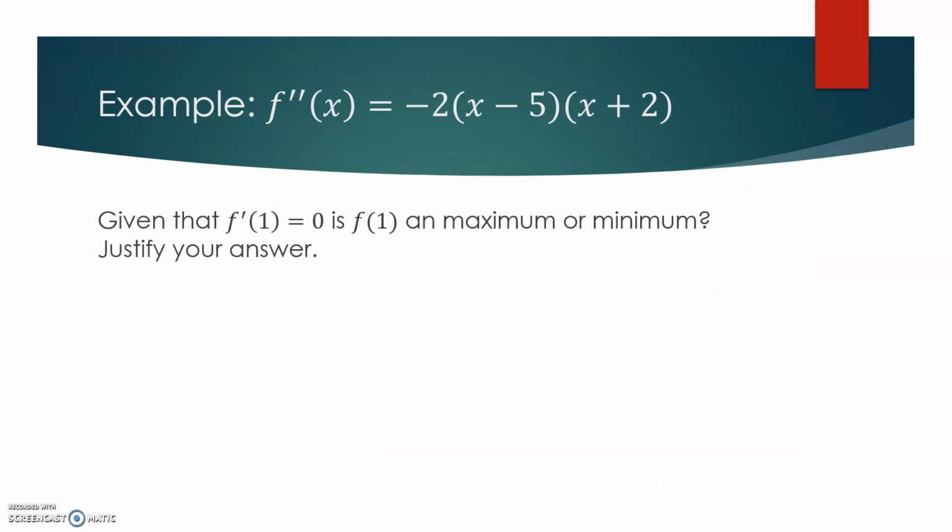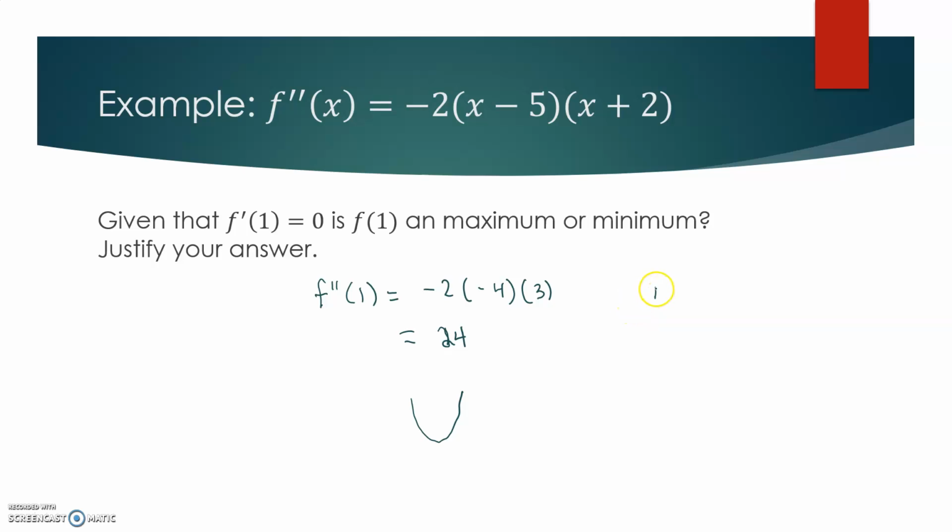For this last example, we're given the second derivative. We're not given f. We're not given f prime, but we are told that the first derivative is equal to 0 at 1. So we are going to evaluate the second derivative at 1, and we get -2 times -4 times 3, which would be +18. Nope, +24. And that tells us we have a concave up like a cup.